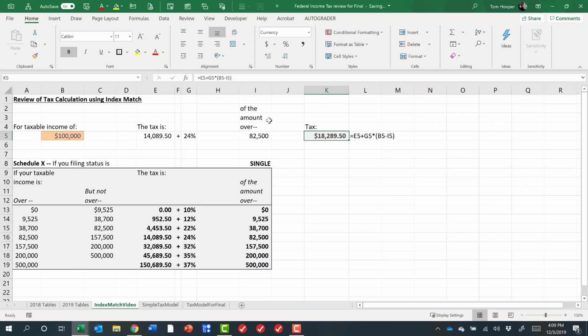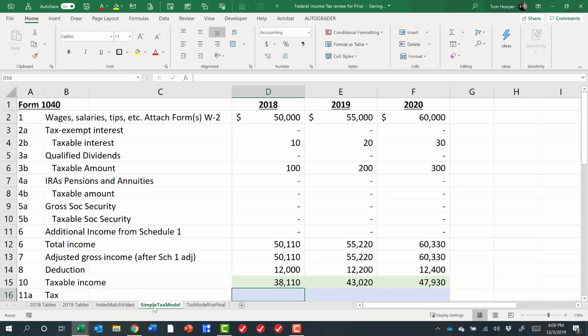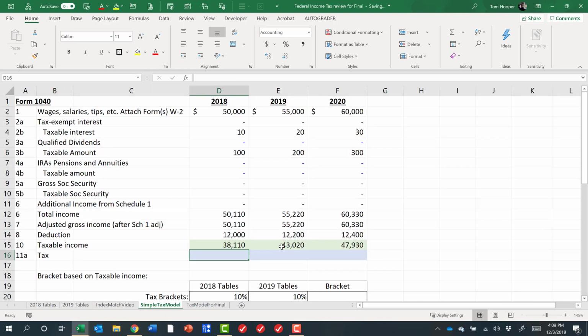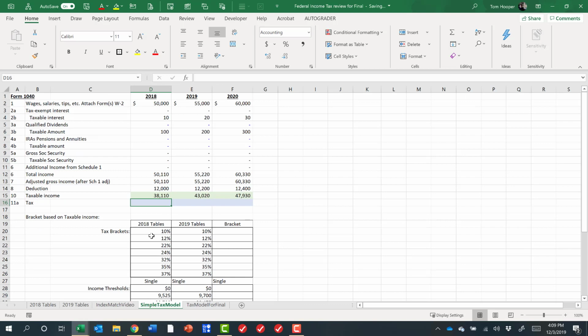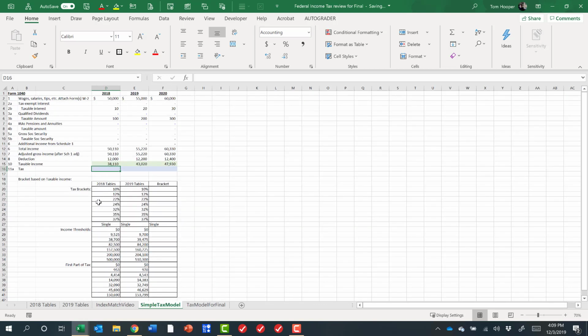The challenge now is to put all this into a single column so that we can do these calculations for the tax tables specific to each year below the year of that 1040 input and output.